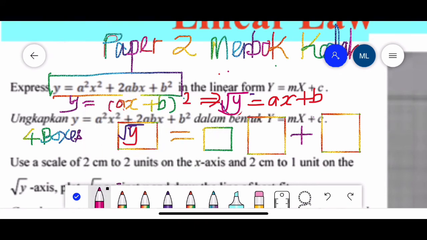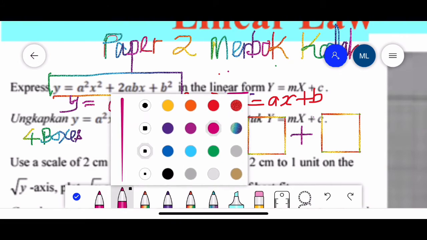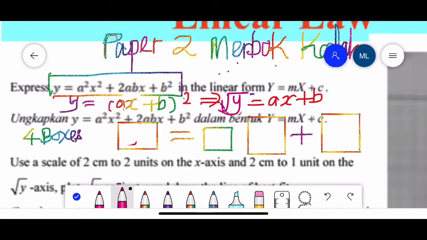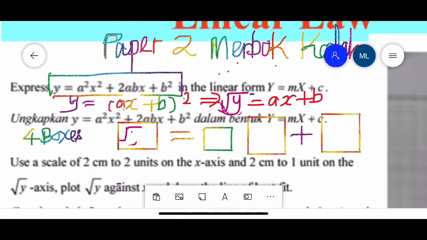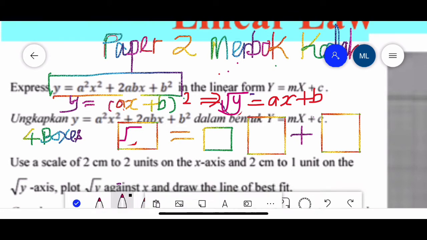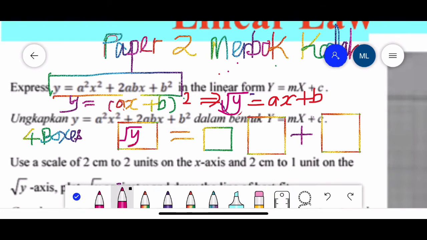So now we fill up the boxes with square root y, a, x, and b. That means you have successfully converted the non-linear equation into a linear equation.